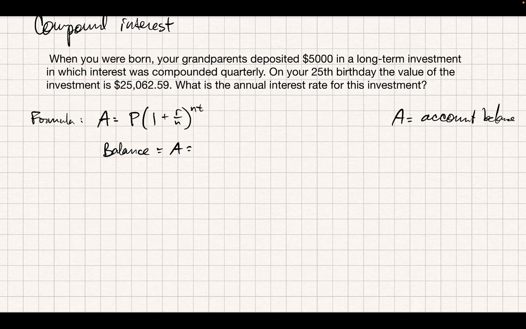What's the account balance? 25,062.59. And then what is my principal? 5,000.